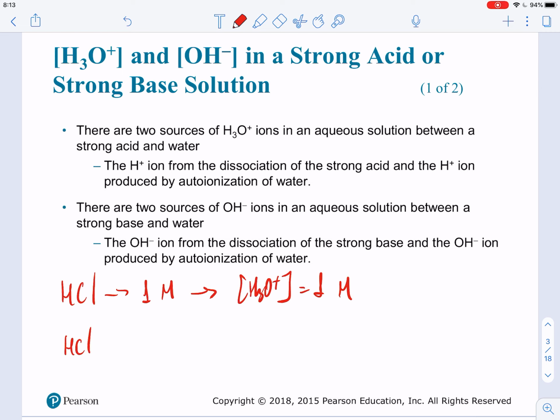Because HCl goes to H+ plus Cl-. And notice here that this is just a single arrow. There is no equilibrium arrow because hydrochloric acid doesn't have an equilibrium. It completely dissociates. If it completely dissociates, then there is no equilibrium. There is no amount of the original HCl that is present as the whole molecule. So that's the rationale behind this.